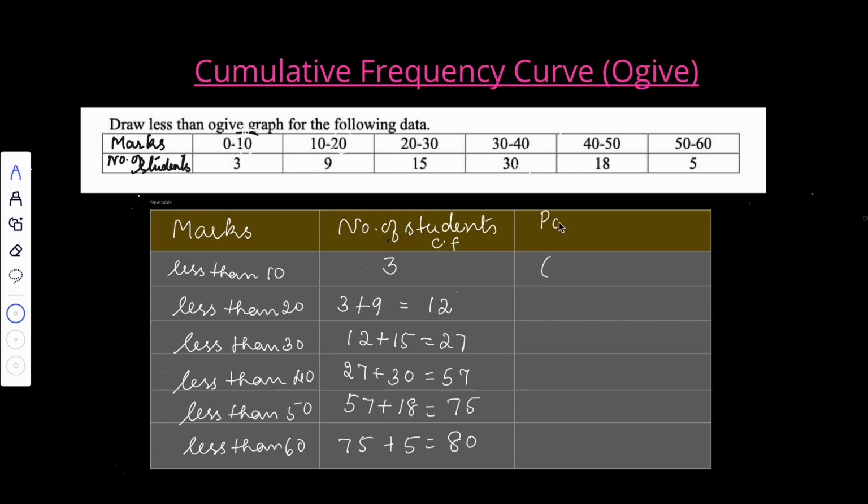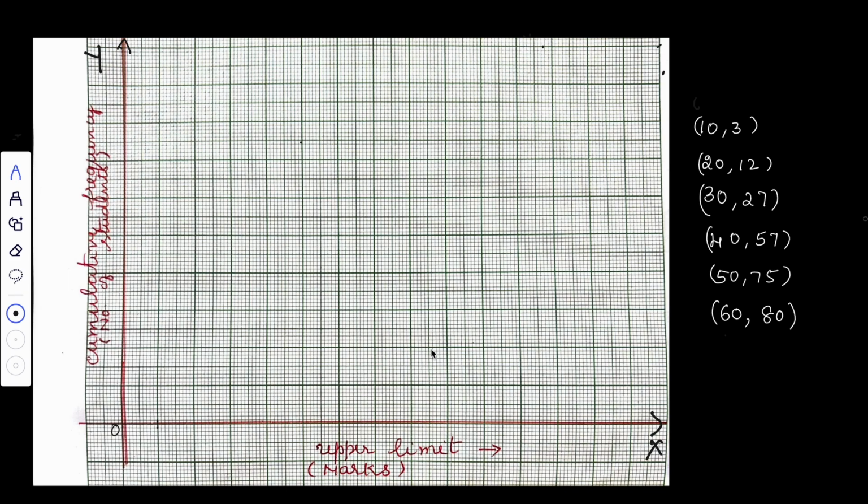Here the points to plot are 10, 3; 20, 12; 30, 27; 40, 57; 50, 75; and 60, 80. Now we are going to draw the graph of this. I copied the values we want to plot.